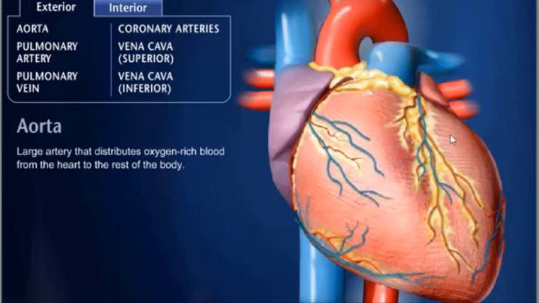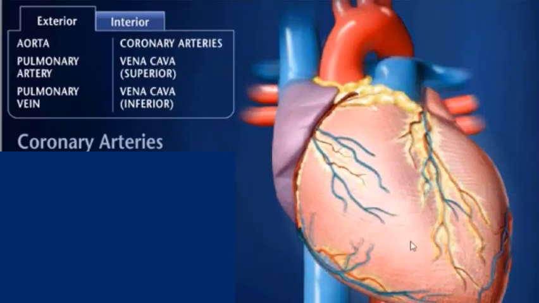Finally, I have to talk about these blood vessels which are in the wall of the heart, in the myocardium. Let's get the name, press on them. They are called coronary arteries, and these arteries are responsible for supplying the heart itself.